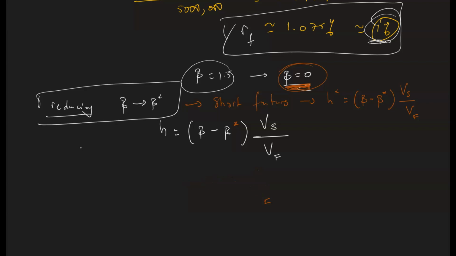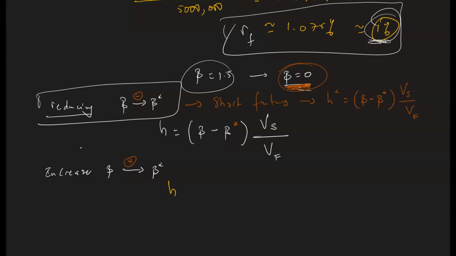Now, what if you wanted to increase the beta and not decrease the beta? If you wanted to increase the beta of the portfolio, what you would do is something very similar. So to increase the beta from beta to beta star, remember here we're increasing, whereas before we were reducing.